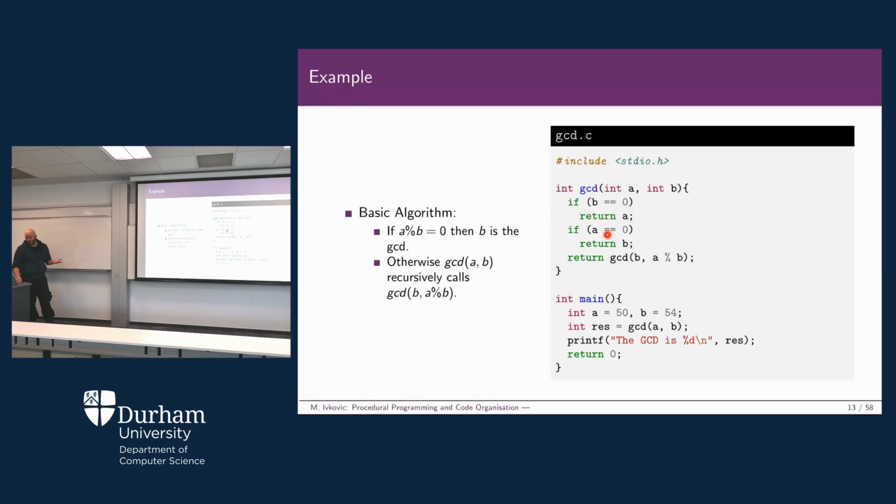If we end with a equals 0, the solution is going to be the other one. If neither of them is 0, then recursively call yourself with b, a modulo b. And here below, just a main and how we can call it.